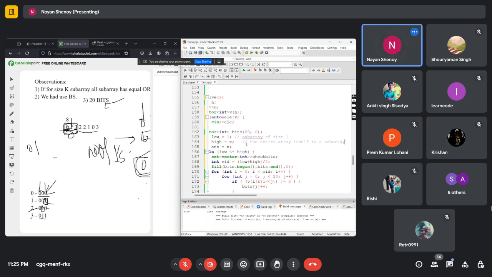Okay, and the initial answer will always be n because the entire OR of this array will always be, there's only one array that you can compare, right? So you know that for size 8 you have one subarray, and since you have only one subarray, the answer will be confirmed. So here n.